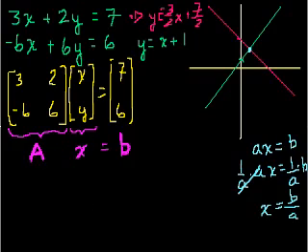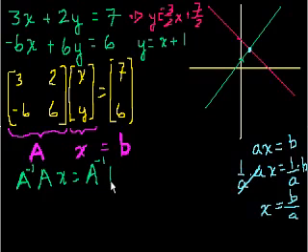But if we know A inverse, and if A inverse exists, then we can multiply the left side of both sides of this equation by A inverse. So you get A inverse times A times the vector x is equal to A inverse times b.